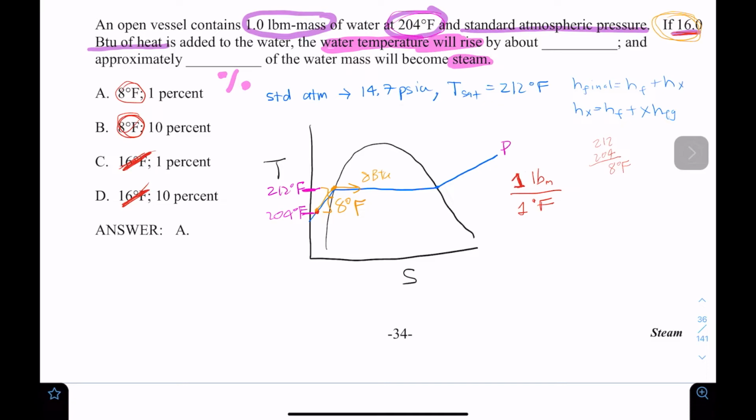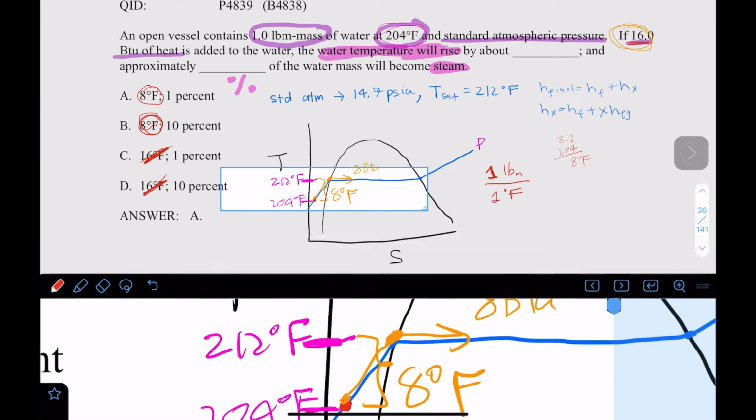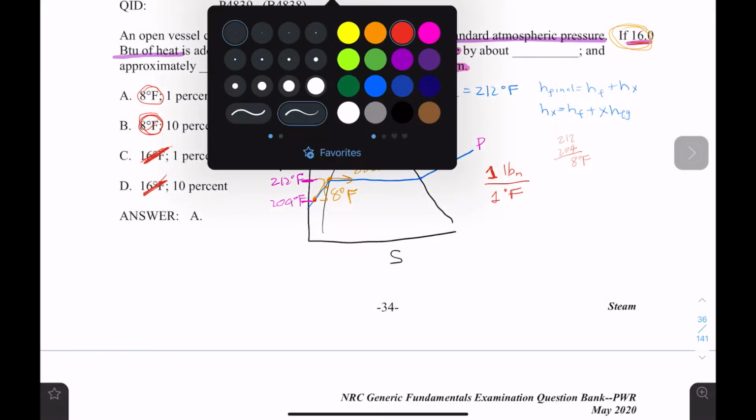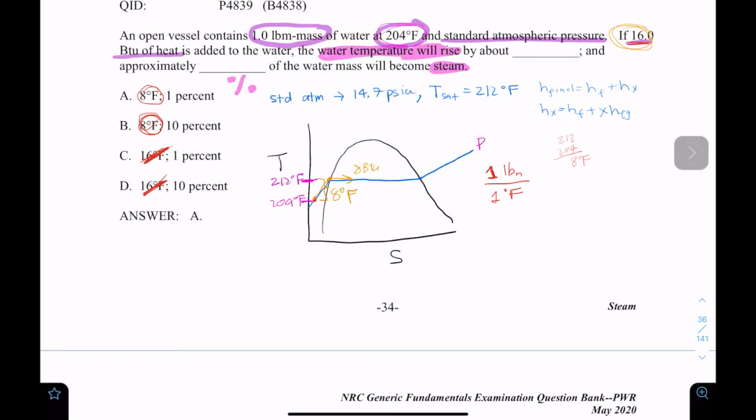So now I need to go to my steam table again because I need to know what's going to be the final state. So I'm going to start with some amount of BTU here and BTU here, right?